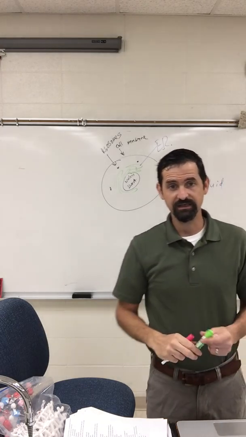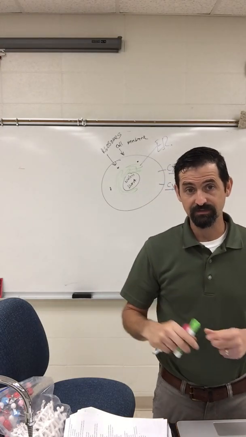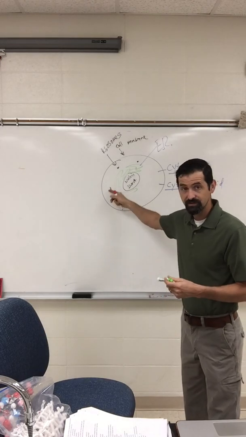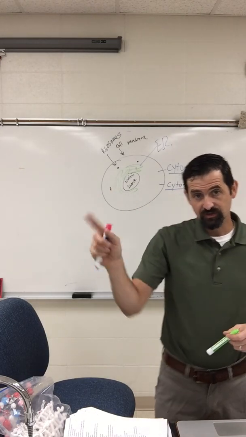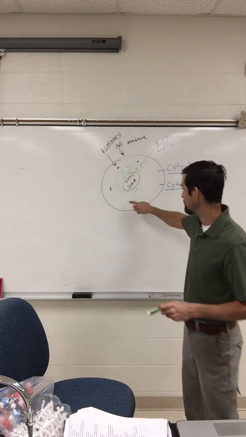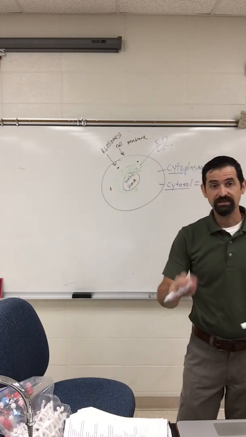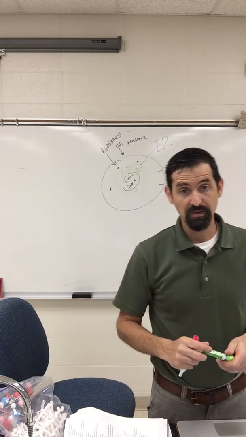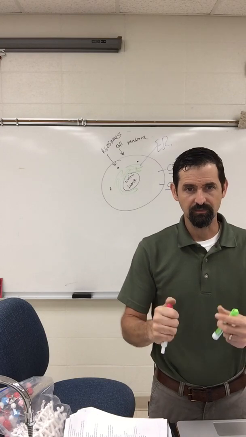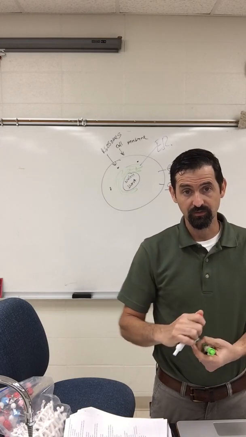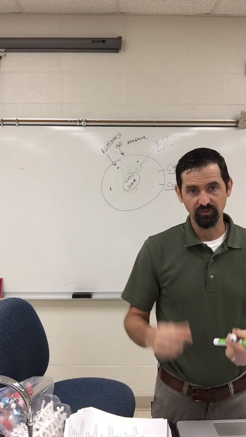What does that word mean? Endo means inside the plasm, inside the cytoplasm. So endoplasmic. Reticulated means it goes back and forth. So it's this thing in the cytoplasm that goes back and forth. It's a big, giant folded membrane, right? Remember we talked about membrane-bound organelles. Well, it's a big folded membrane.